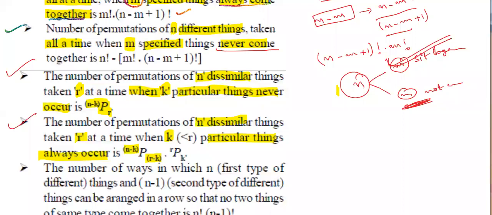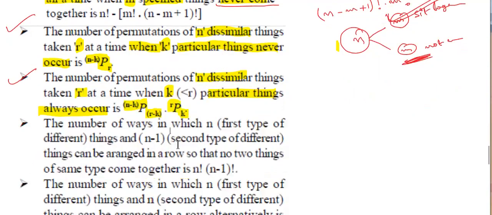Some important persons or things, some recommendations, are compulsorily selected or arranged in that particular group. So out of r, k things can be selected. This is the formula: n minus k P r minus k into r P k.